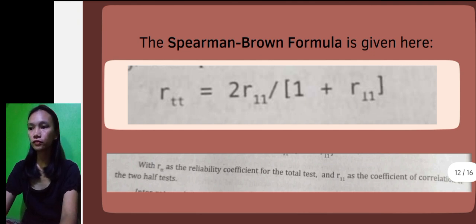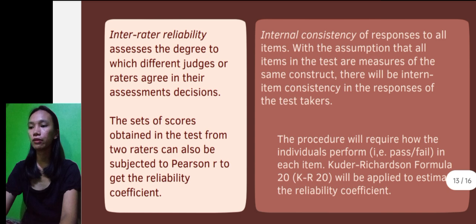So, inter-rater reliability assesses the degree to which different judges or raters agree in their assessment decisions. The sets of scores obtained in the test form from two raters can also be subjected to Pearson's r to get the reliability coefficient. This is quite useful to avoid doubts on the scoring procedure of tests with non-objective items.